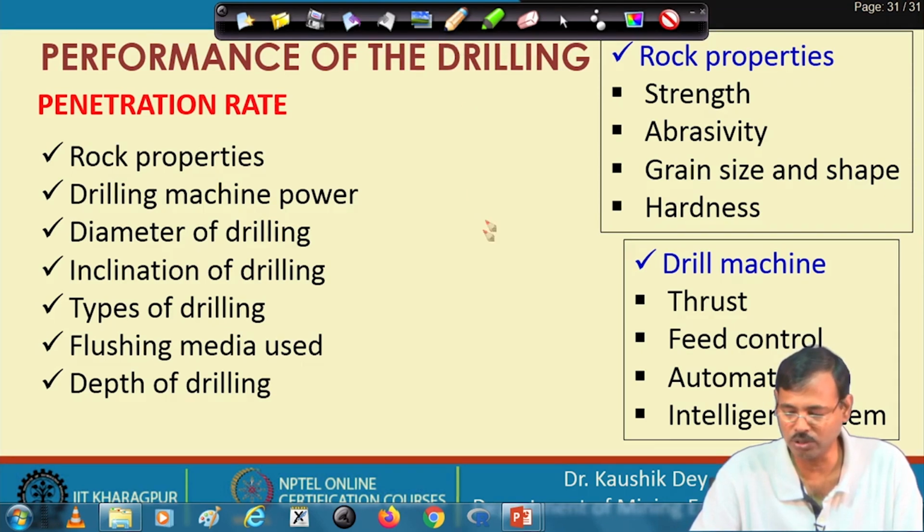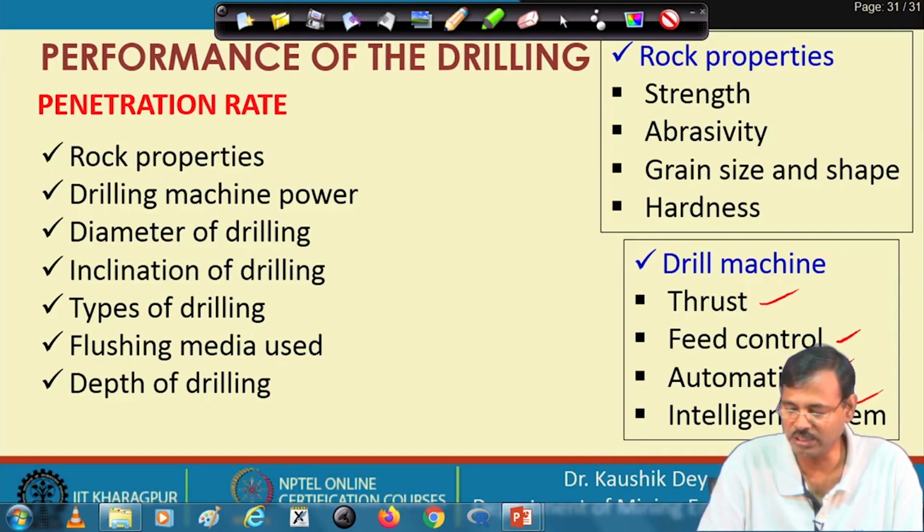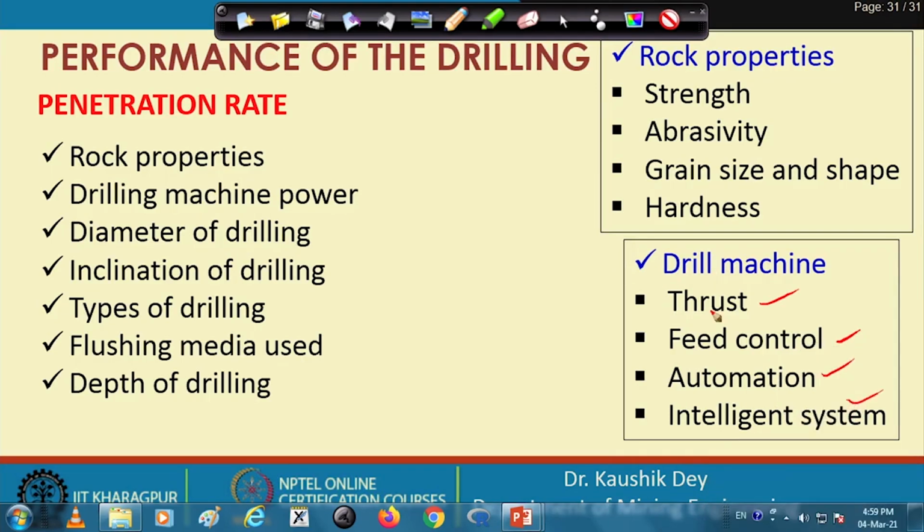Similarly, if you are looking into the drill machine, the thrust, feed control, automation, and intelligent system are basically governing the penetration rate. If the machine is automated, the drill bit is automatically inserted or released, and in those cases a lot of time will not be consumed. Feed control: if proper thrust and proper feed are given, you will get a better penetration rate.